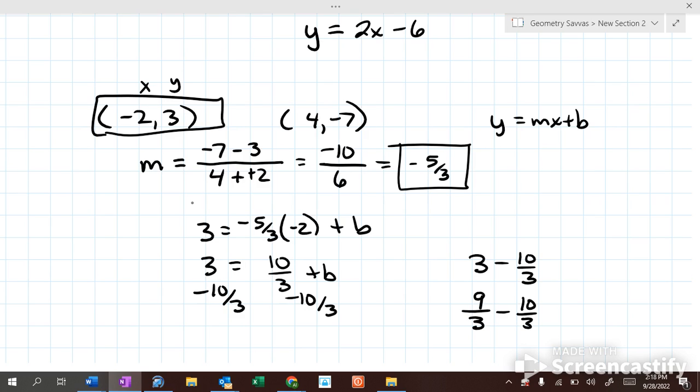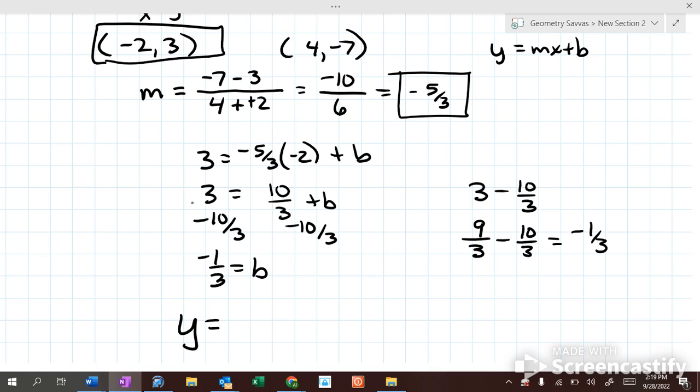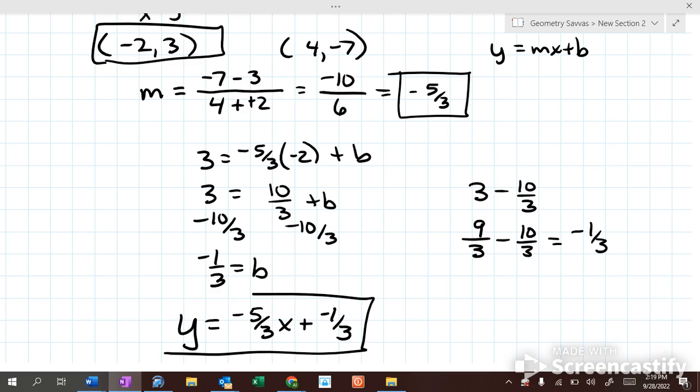Now 9 over 3 is 3, right? So we take 9/3 minus 10/3, which is negative 1/3. So b equals negative 1/3. Now I want my equation. Y equals m, which is negative 5/3 x plus b. There's my equation.